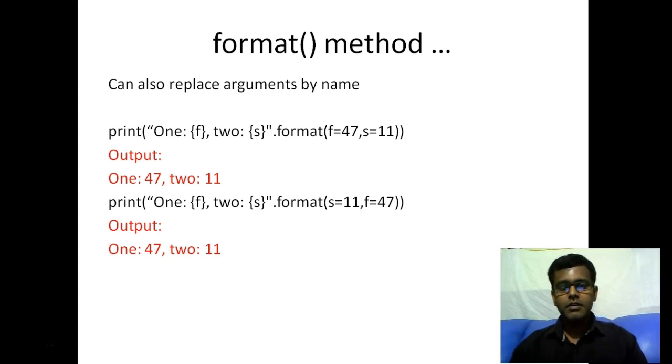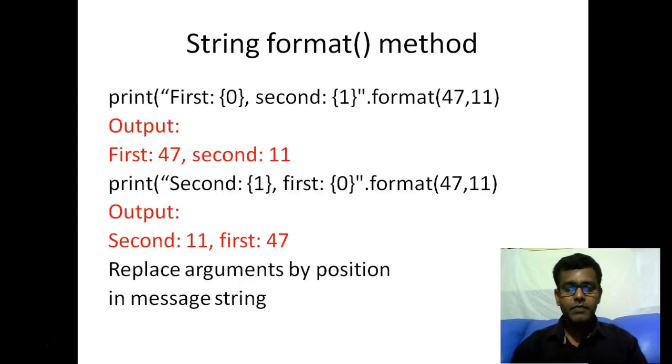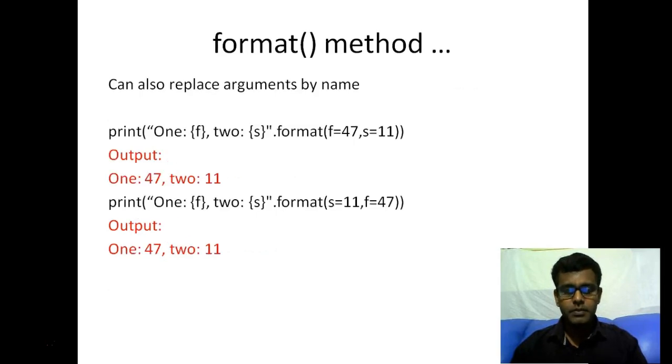Here we are going to see a print statement which uses the values with the help of the names. So in the previous print statement we saw it with the help of the argument numbers. Here I am going to assign the values to the variables.